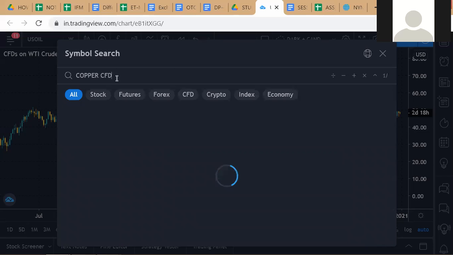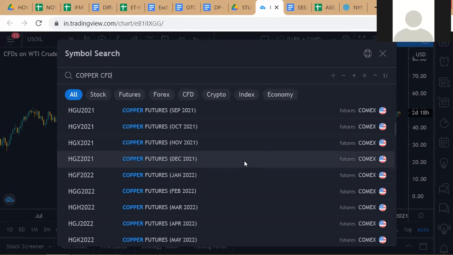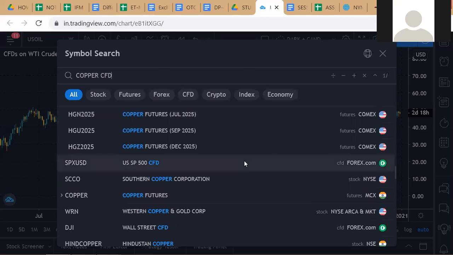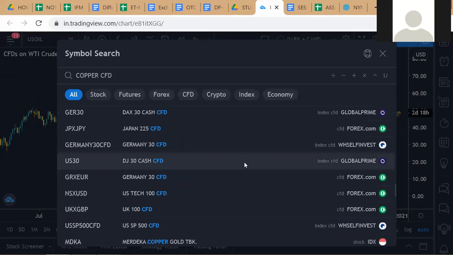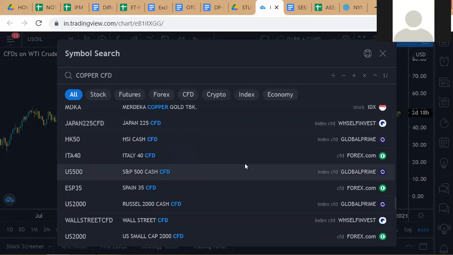Where is the copper CFD? These are all futures contracts. Okay, I'll try to set up something. I'll try to find something.